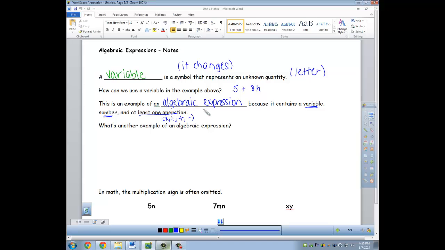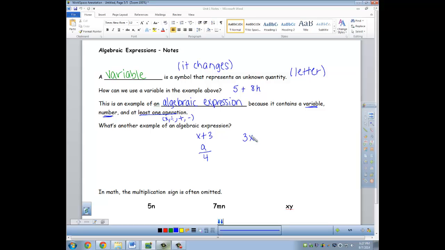So let's think of some other examples of an algebraic expression. We could do something as simple as x plus 3, so some number plus 3. You could do a over 4, which is a divided by 4. You could do, let's say, 3 times x.